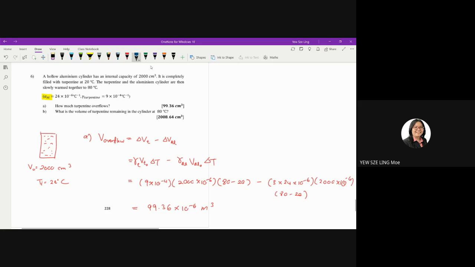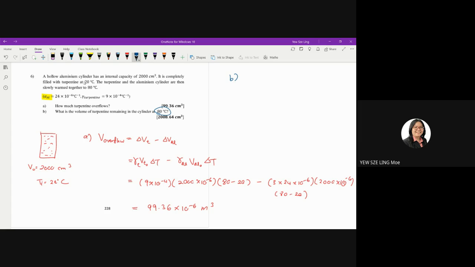Now, question B. Question B is the tricky part. Why? It asks: what is the volume of the turpentine remaining in the cylinder at 80 degrees C? So you want the final volume, but you're not looking at the final volume of the liquid. Why? Because if you look at the coefficients of volume expansion, turpentine expands more compared to the aluminum cylinder.